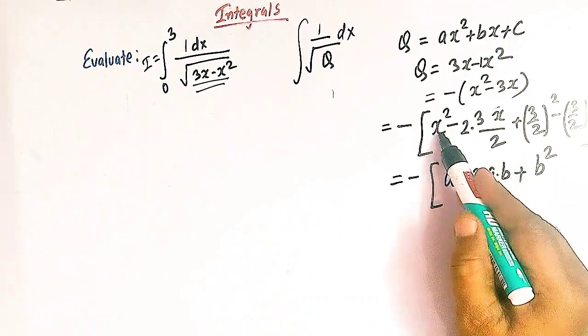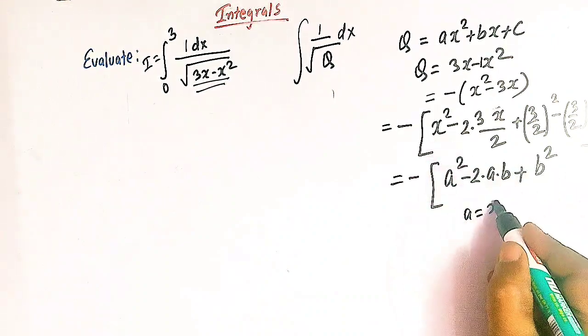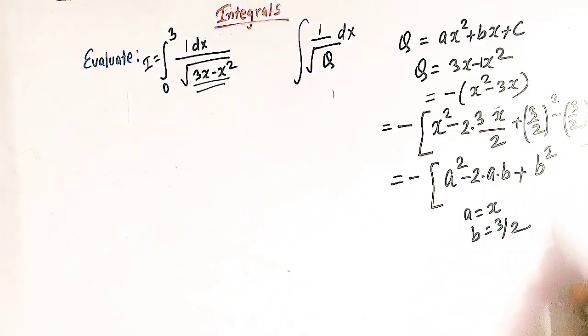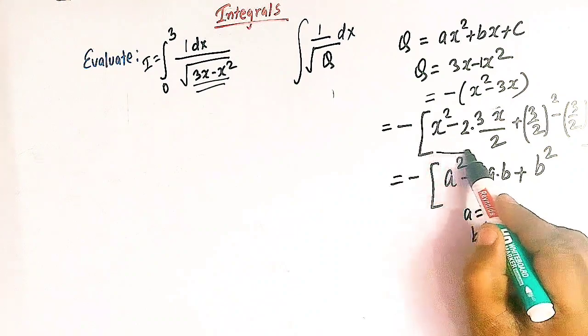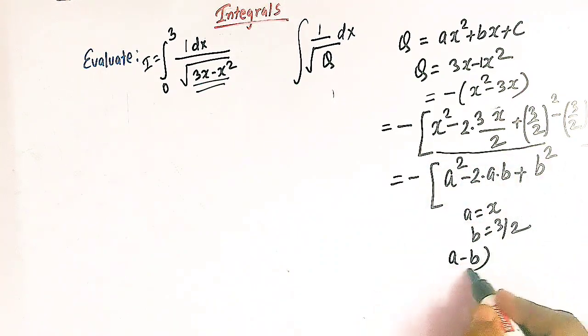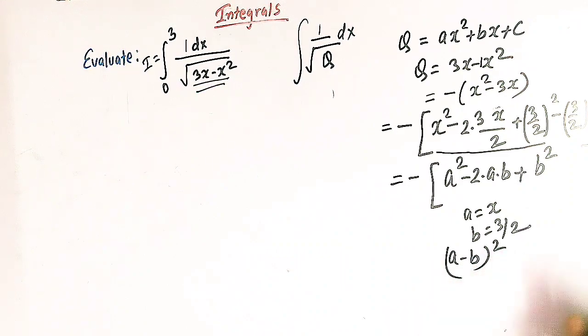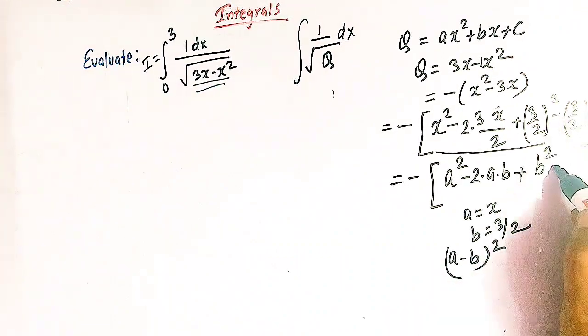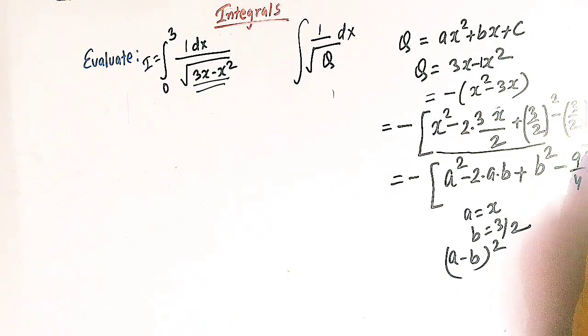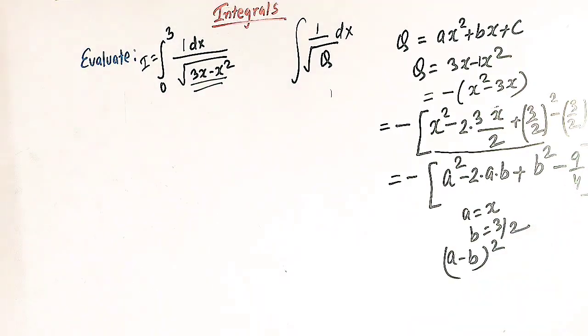So a is x and b is 3 by 2. So now these three terms give us the square of a minus b, right? And here we have minus 3 by 2 square, that is 9 by 4, right?